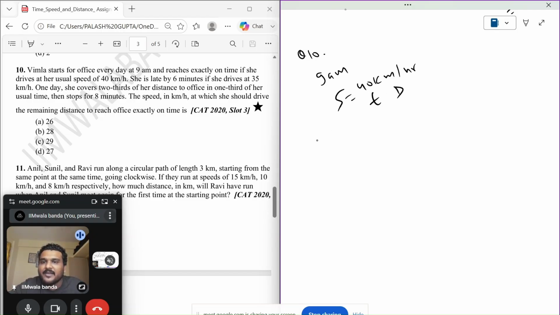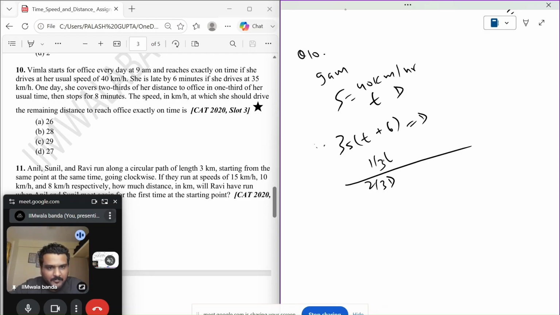Now she's late by 6 minutes if she drives at 35 kilometers per hour. So if the speed is 35, she's late by 6 minutes to cover distance d. One day she covers two-thirds of the distance to the office in one-third of her usual time.